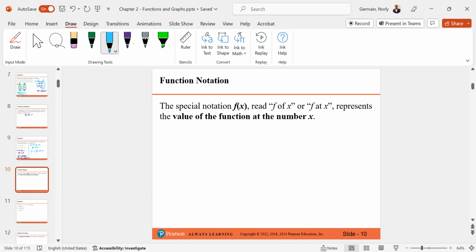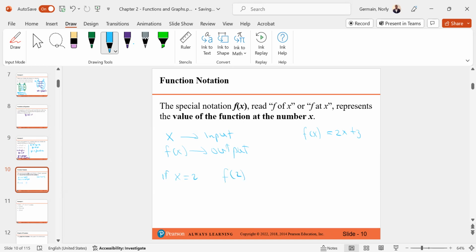For example, if x is your input, f of x is the output. That means we enter x each time. If I have a function f of x equals 2x plus 3, and x equals 2, what would be y, f of x?